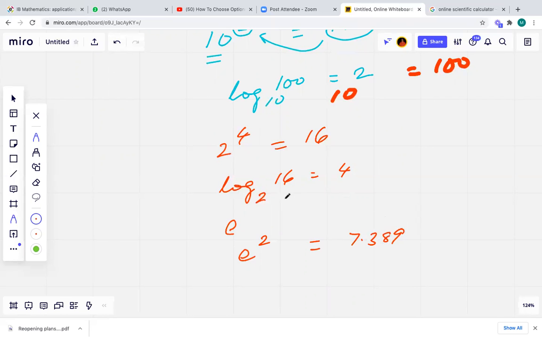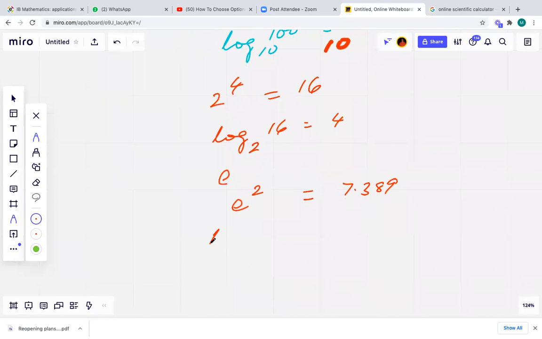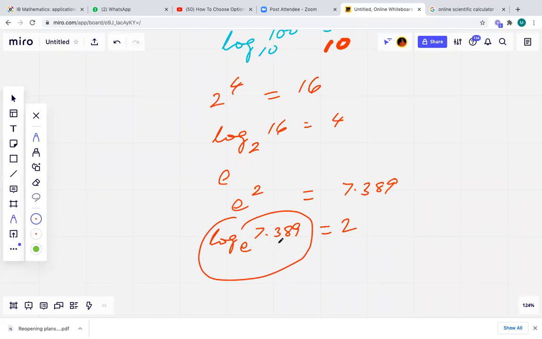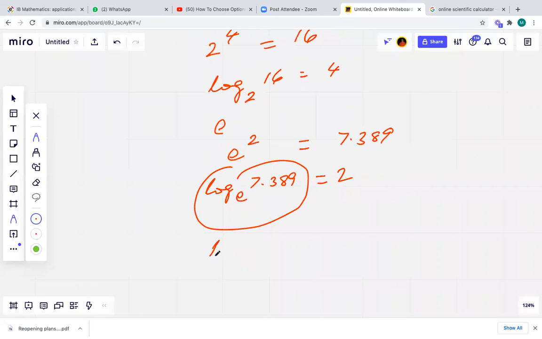So log base e of 7.389 equals 2. We say log of 7.38 to the base e is 2. This is called ln, so ln 7.38.